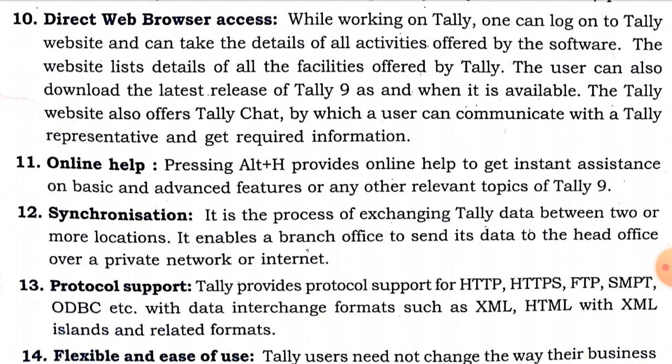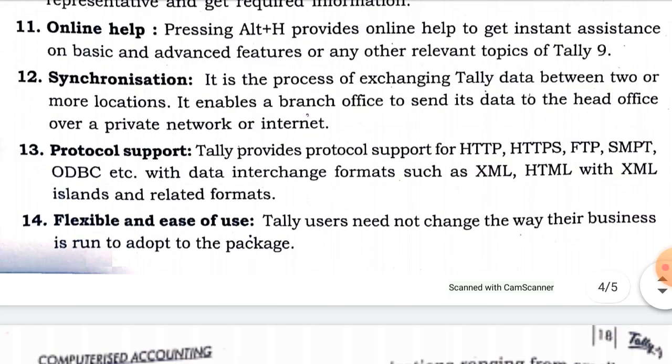That is, between maybe two branches, maybe a head office and a branch, maybe between different networks. Thirteenth, protocol support. Tally provides protocol support for HTTP, HTTPS, FTP, SMTP, etc.